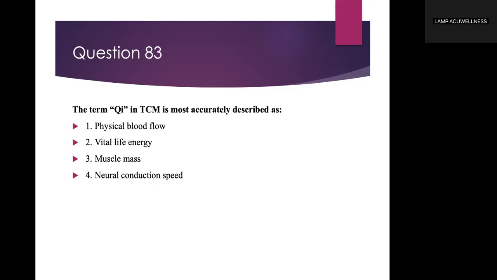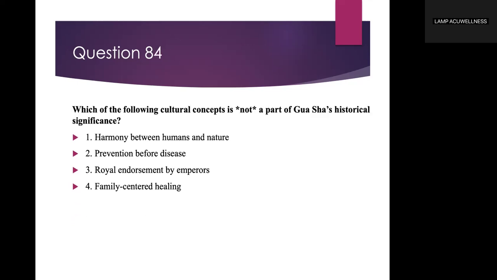The term qi in TCM is most accurately described as vital life energy. Which of the following cultural concepts is not a part of gua sha's historical significance? Not a part. So royal endorsement by emperors.